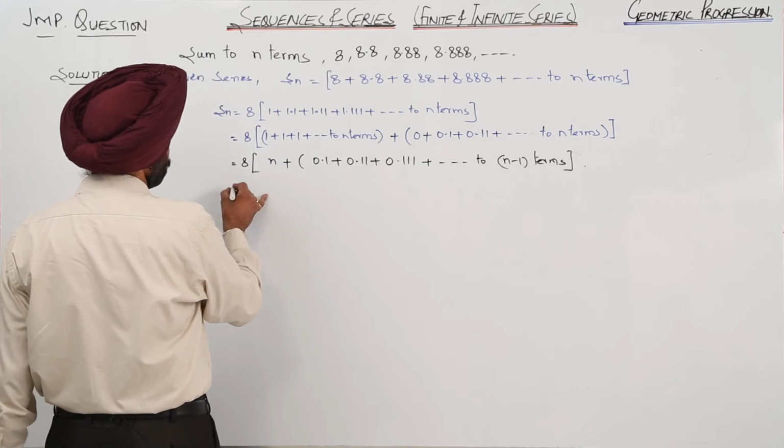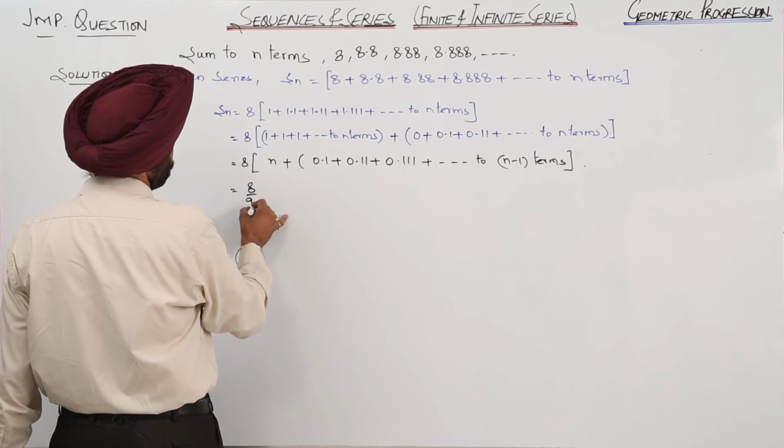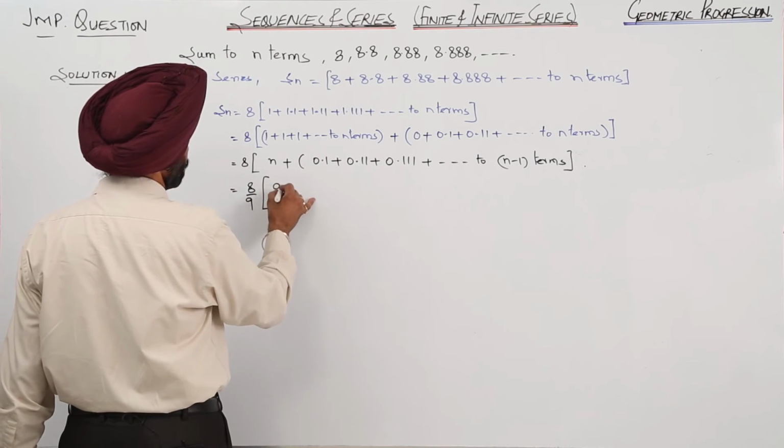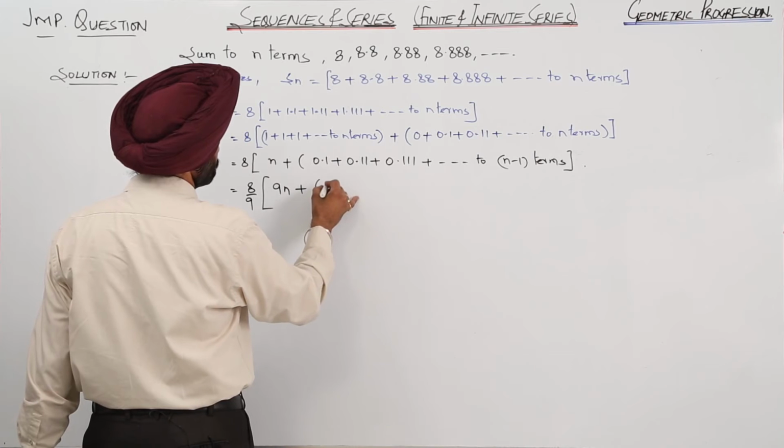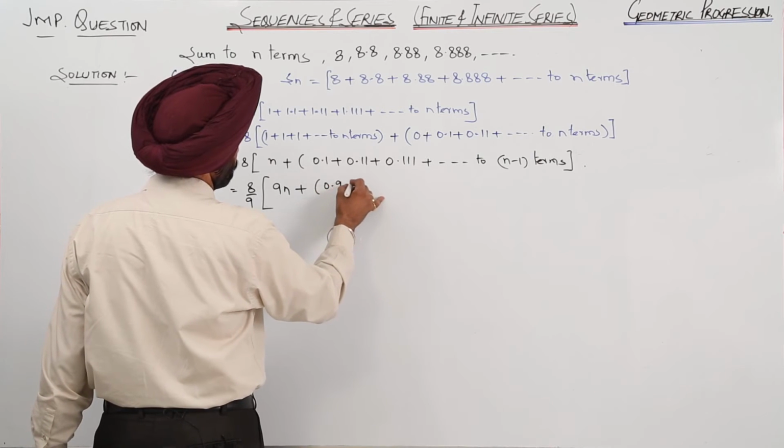Now multiplying and dividing by 9, we have 9n + 0.9 and so on.